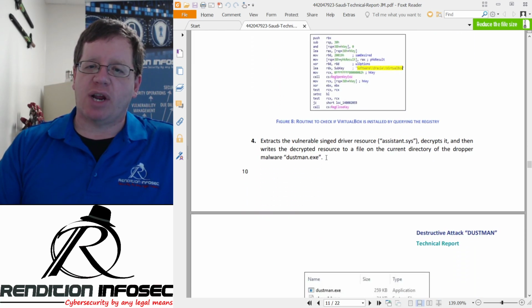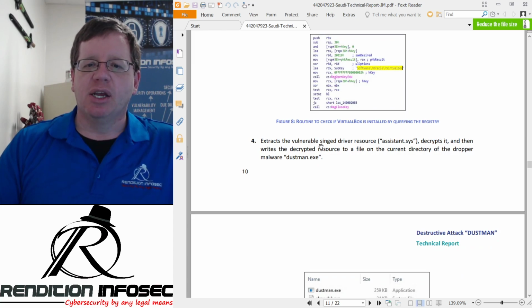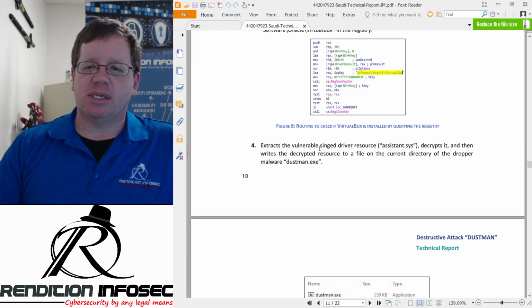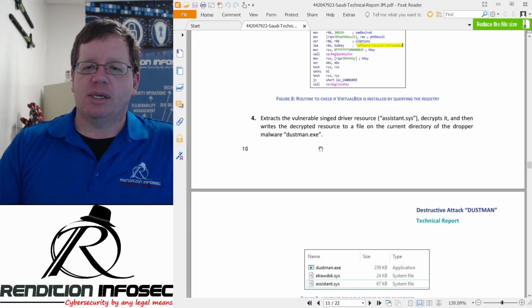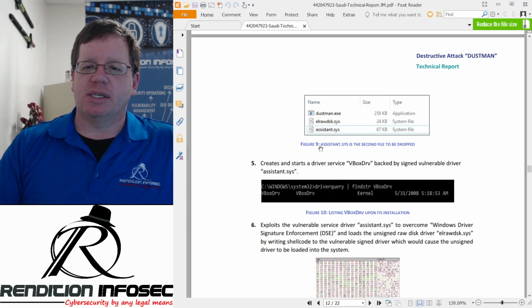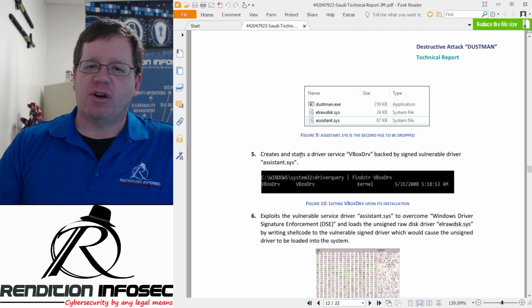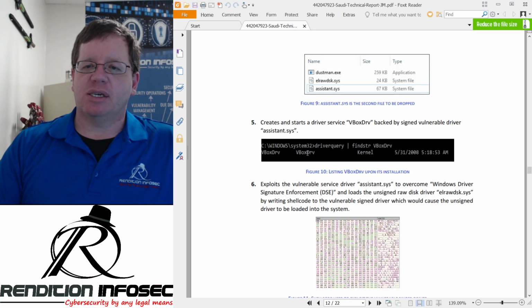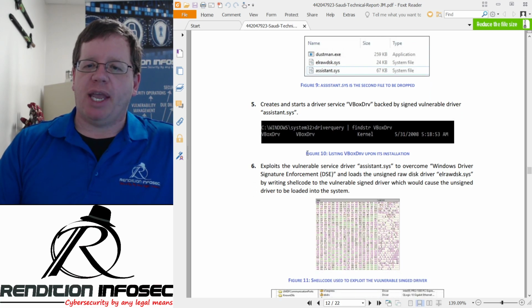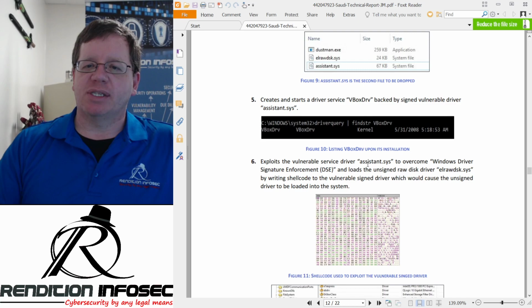At that point, it extracts the vulnerable driver resource system.sys, decrypts it, and writes the decrypted resource directly to the dropper. Again, we're looking here at dustman.exe. Notice that they are actually looking for that VBox VirtualBox driver. And by the way, even though you name this system.sys, it's still going to load up.